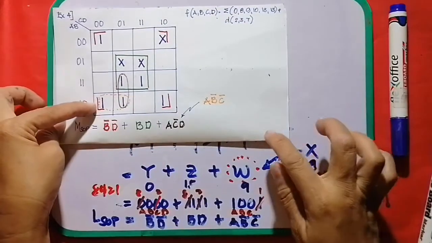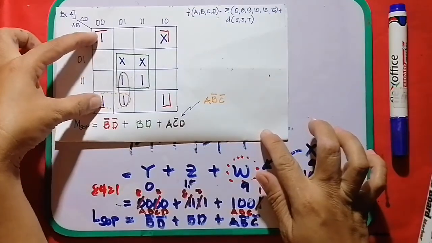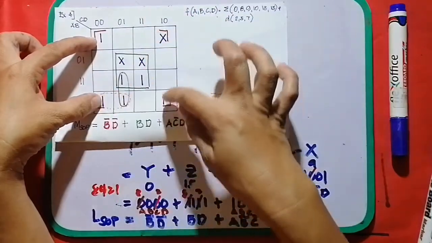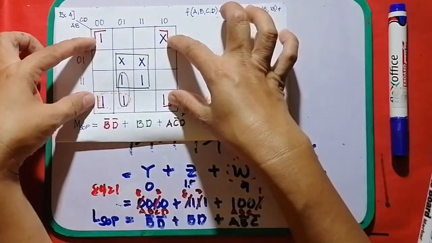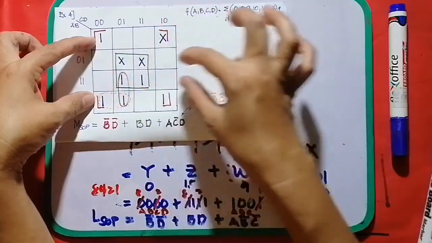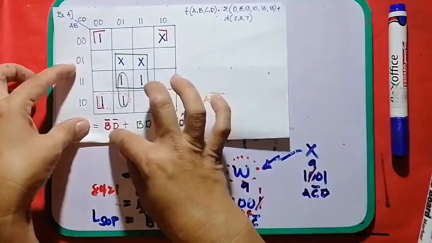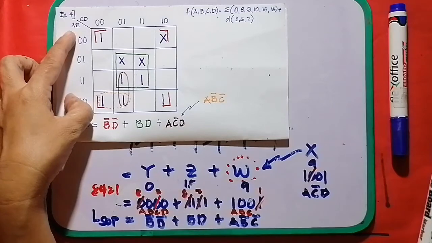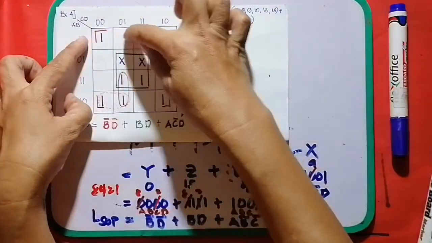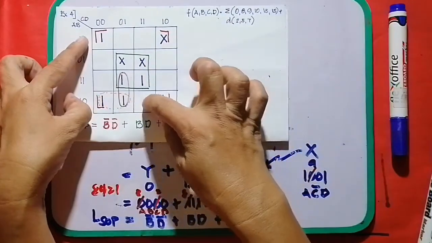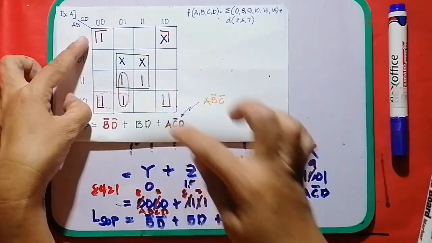Okay, so for the red group, that actually are these ones here, 1, 1, 1, X at the corner. So if you're going to fold the paper, that will look like this one. So not B and not D. Again, this is A is written down here. So that will be, the ones will be plotted sideward. So this will be 0, 1, 2, 3, 4, 5, 6, 7, 8, 9, 10, 11, 12, 13, 14, 15.